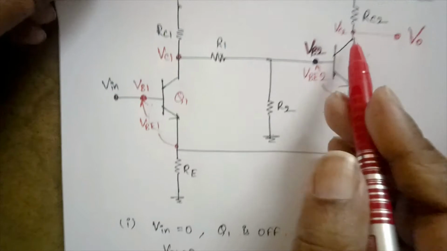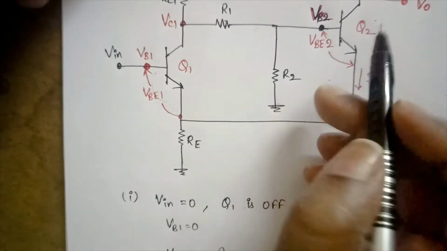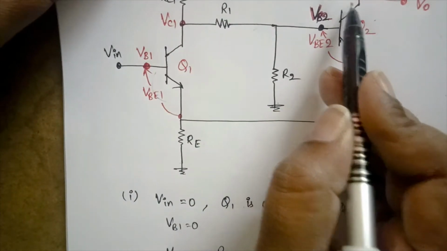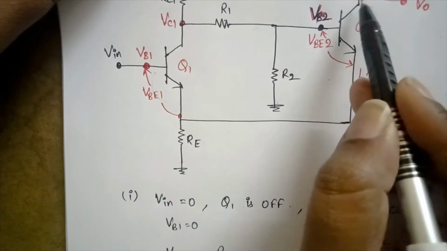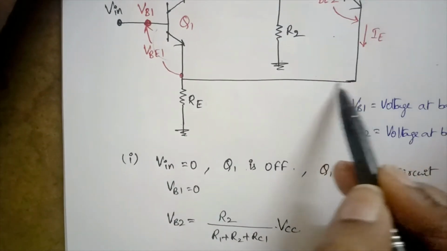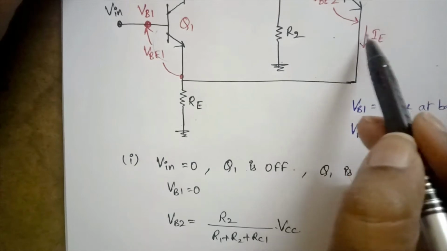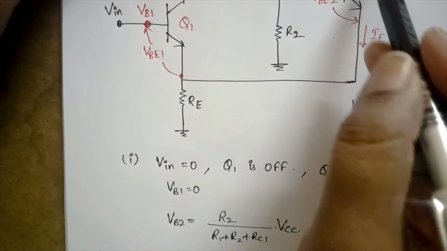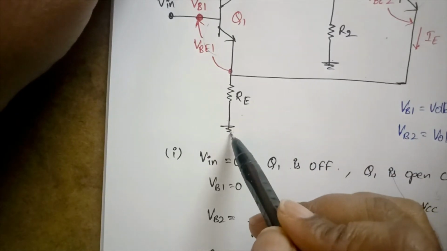This is considered as the output voltage V0. Now what is VC2? If Q2 is on, VC2 is the voltage across Q2. It is not directly connected to ground; if it were, it would be VCE sat only, but it is connected through RE to ground.